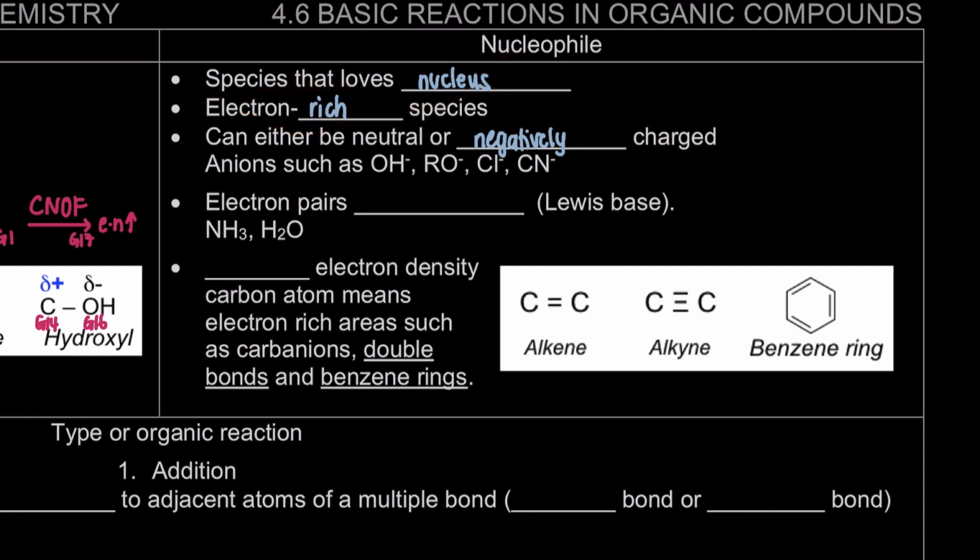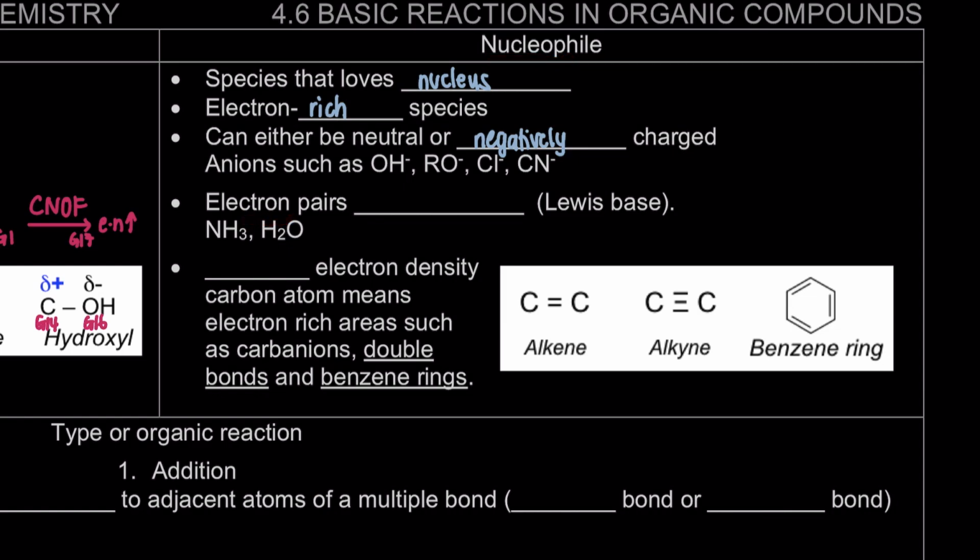Okay, so what is the example of negatively charged for our organic compound? The example for it is an anion such as OH minus, OR minus, where R again is any carbon group, Cl minus or any of our halogens, and CN minus is cyanide. The other definition of nucleophile is electron pair donor.